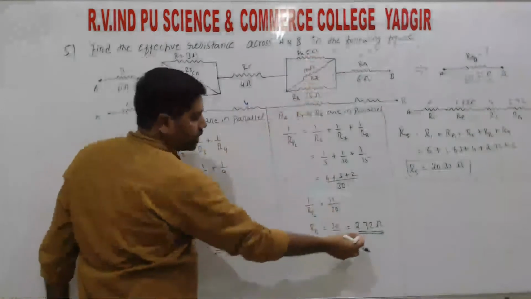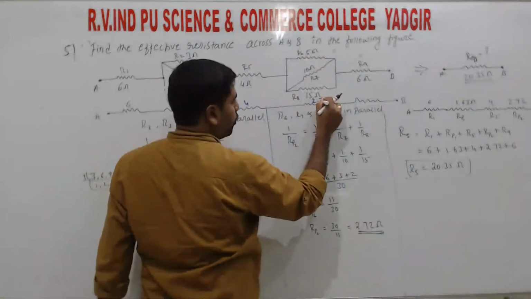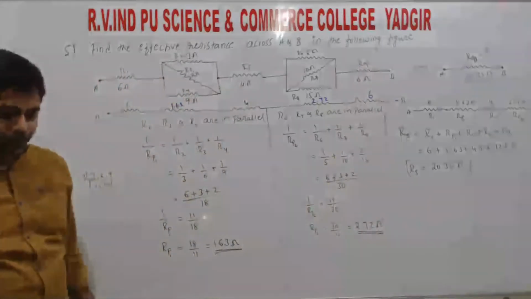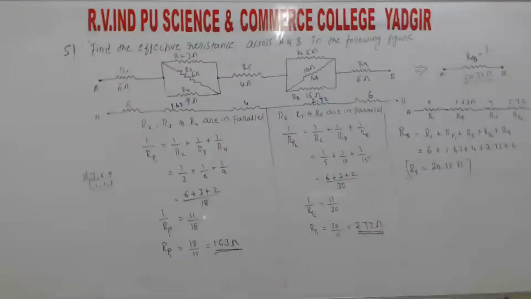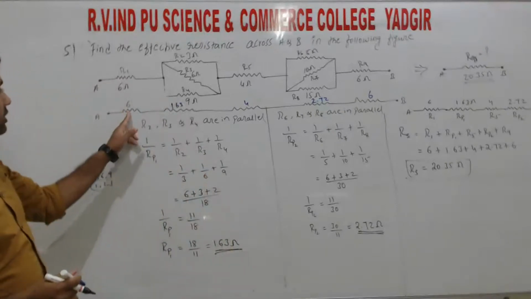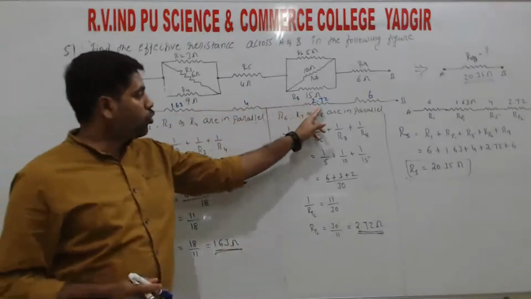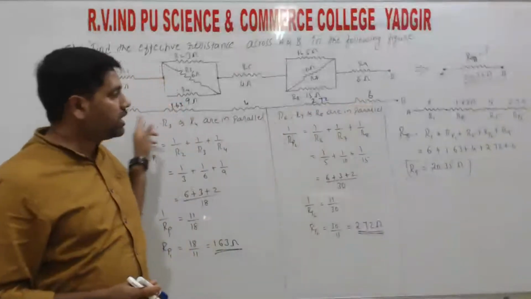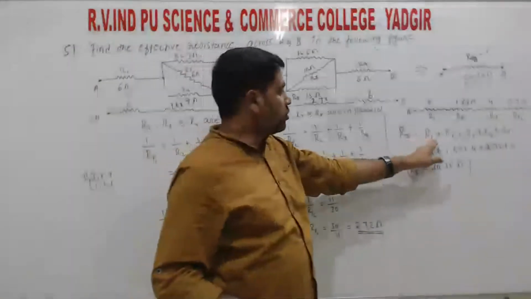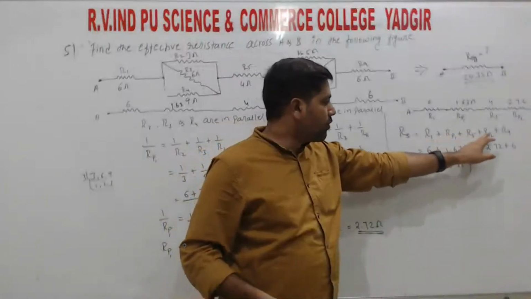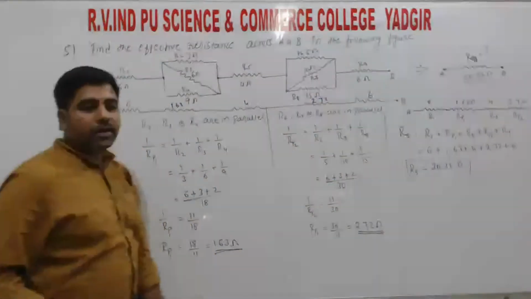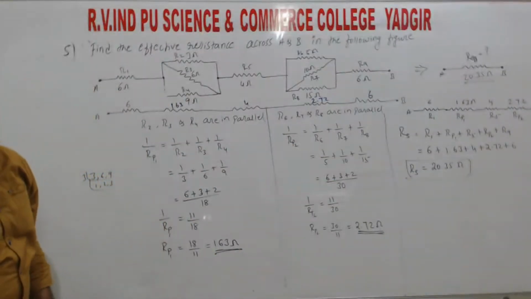All these three combinations we get the value 2.72, and 6 ohm, right? So if you observe here 6, 1.63, 4, 2.72 and 6, all the 5 resistances are in series, hence RS is equal to R1 plus RP1 plus R5 plus RP2 plus R9. So we get the value 20.35 ohm, right?